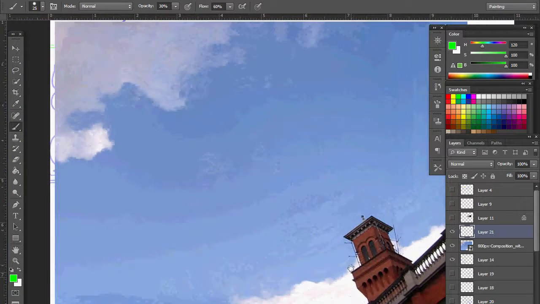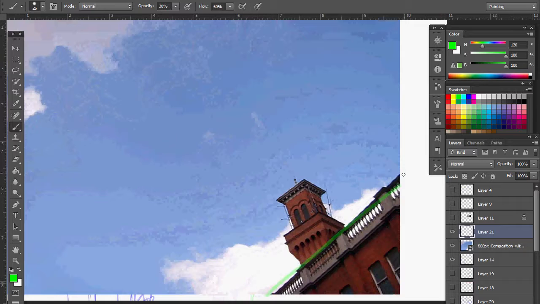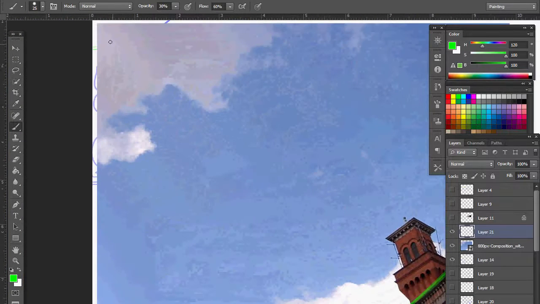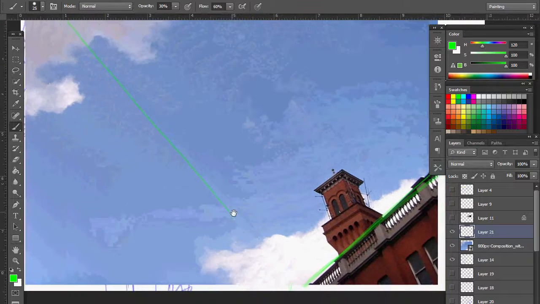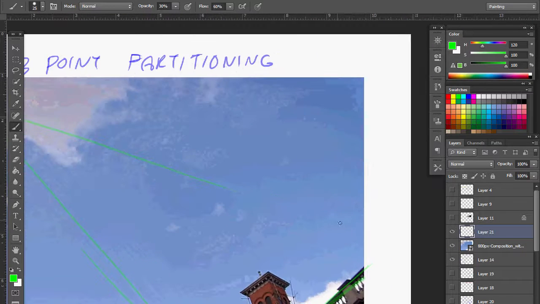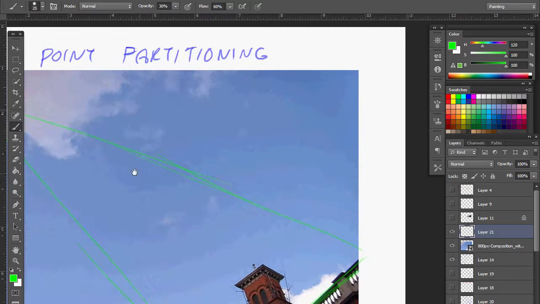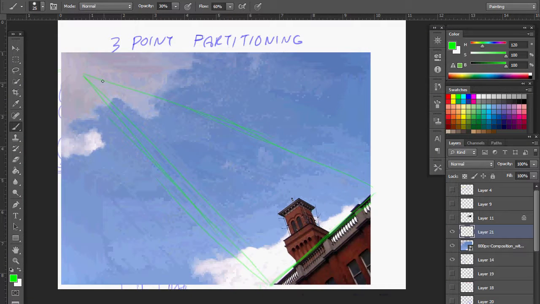The buildings over here create one side of the triangle, and it creates a triangular position with the clouds on the far end, thus creating 3-point partitioning in your composition, in your image. You can do it that way.